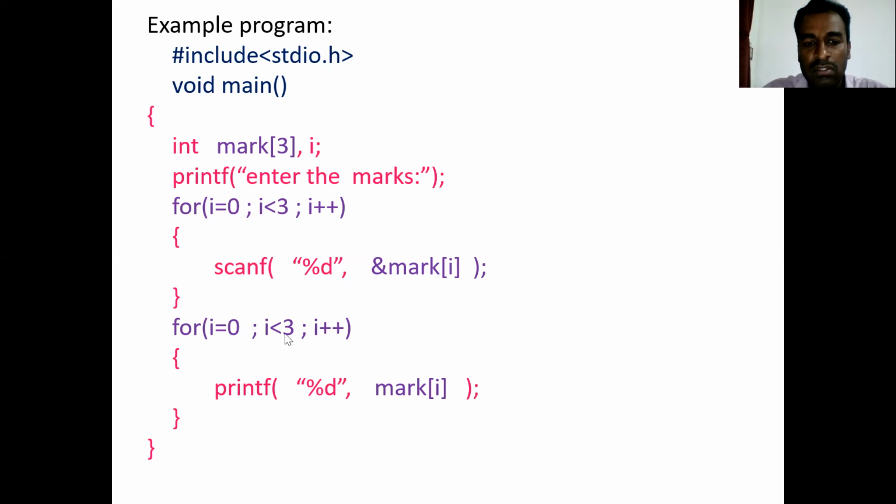So here the printf statement prints what we got: marks of 0 is 95, then 96 and 97. So this is a simple example for runtime initialization.